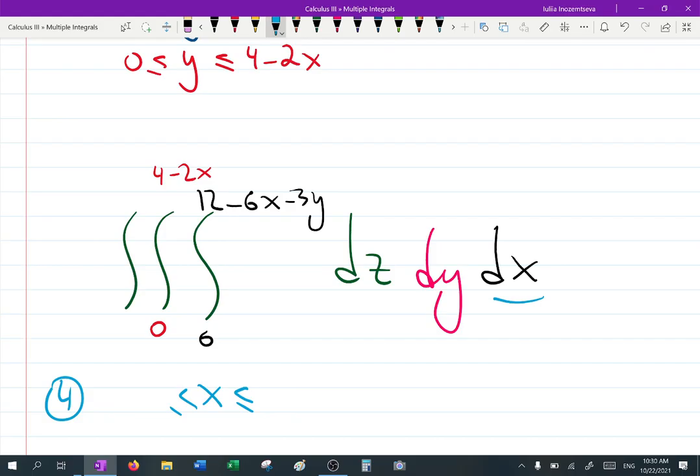We need to teach you this. So no, it's not always like that. We need to teach you to switch between dz dy dx, dz dx dy, dx dy dz, dx dz dy, dy dz dx, dy dx dz. How many options are there? 6.